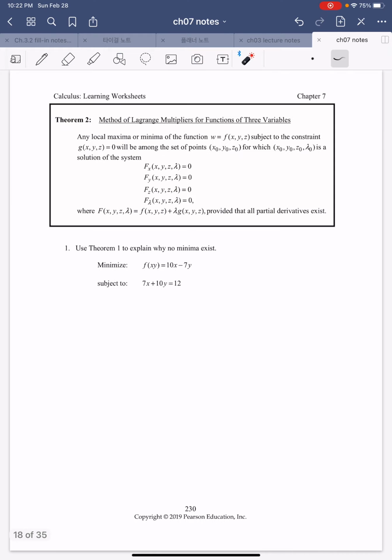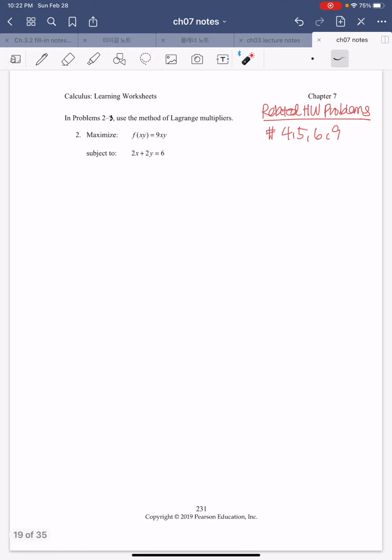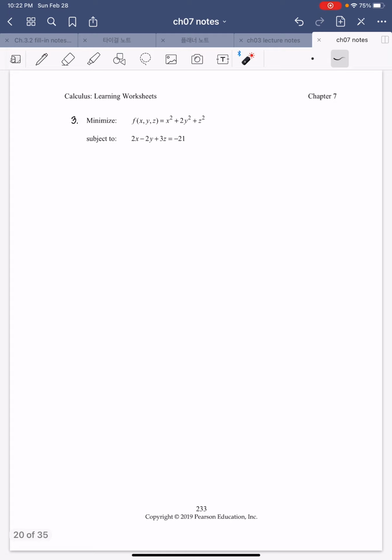Number 1 shows a situation where a function cannot give you a minimum or maximum. The second example will give you a maximum function value of x, y. And number 3 is the function of x, y, z that will give you a minimum value.